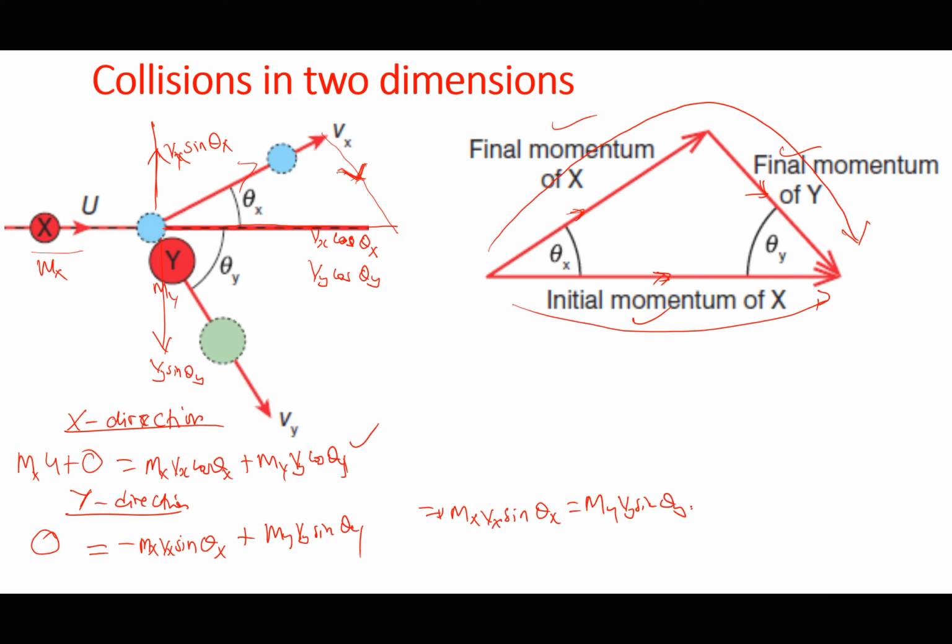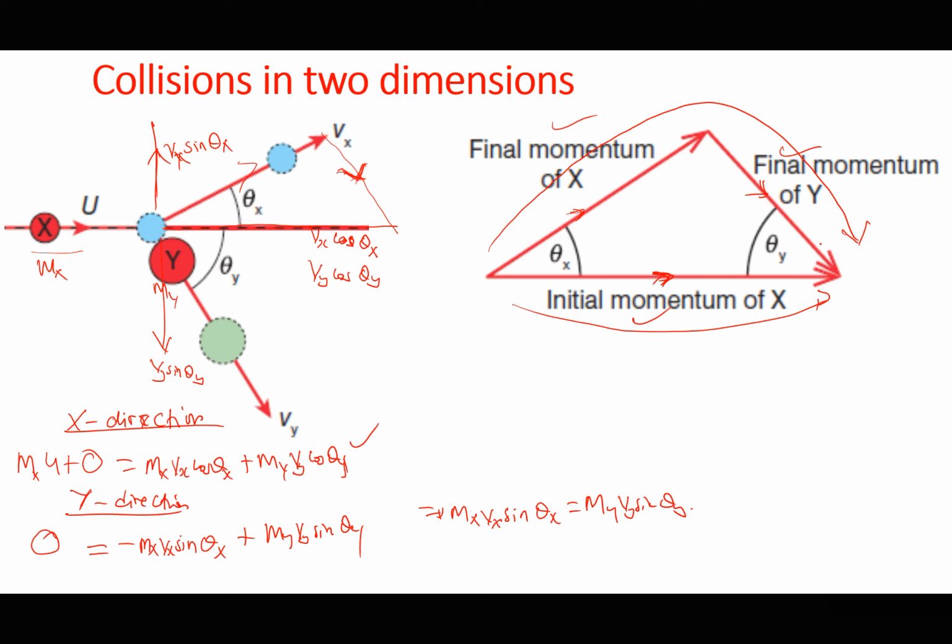So you can just resolve this, but it's the same as drawing a vector triangle, because we know that total momentum before should be equal to total momentum after if the collision is elastic, and of course total kinetic energy before is the same as total kinetic energy after. So I fix the total initial momentum, then on it I add the vector for x and the other one for y.